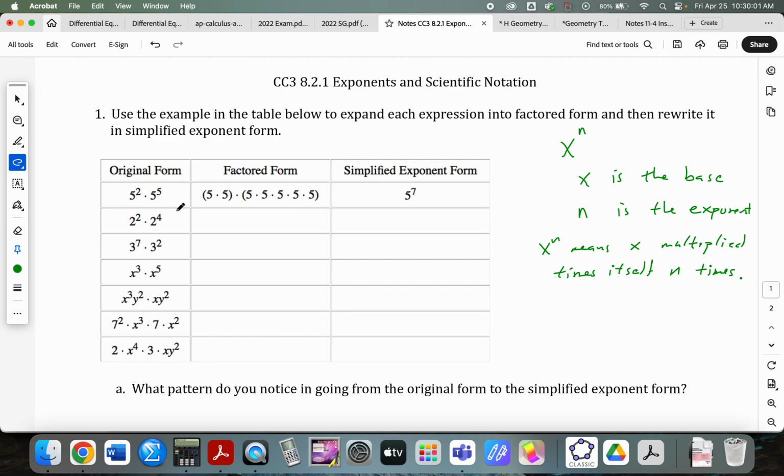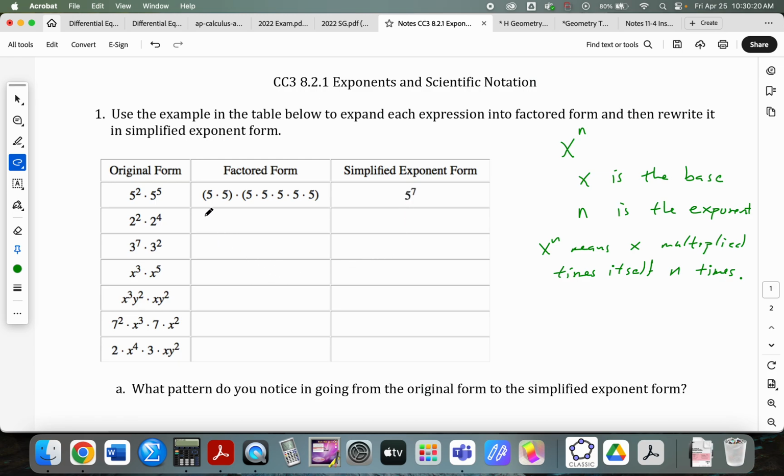So here it's given us an example. The original form was 5 to the second power times 5 to the fifth power. They rewrote that in factored form. And then in simplified form, notice there are 7 5s being multiplied together, so that's 5 to the 7th power.